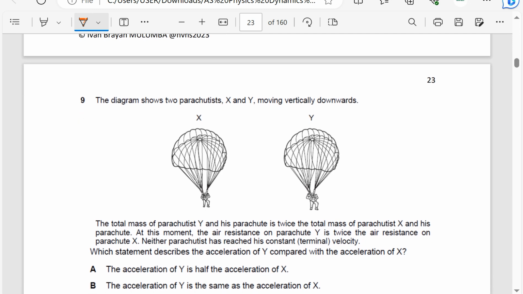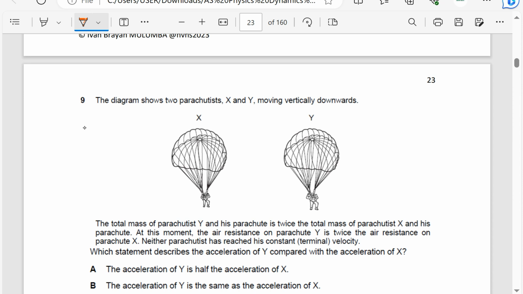The diagram shows two parachutists, X and Y, moving vertically downwards. The total mass of parachutist Y and his parachute is twice the total mass of parachutist X and his parachute.